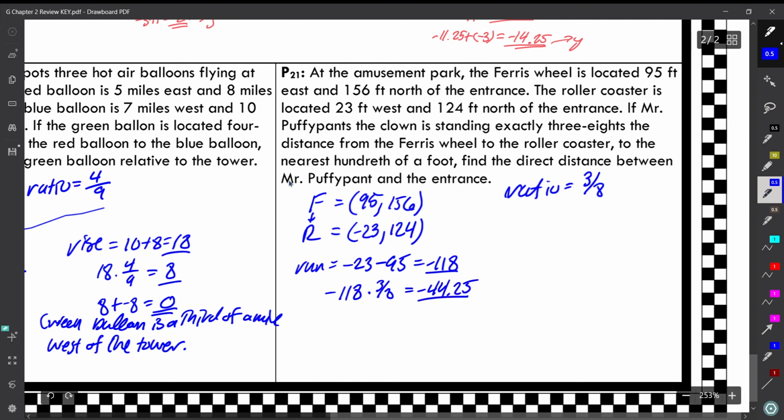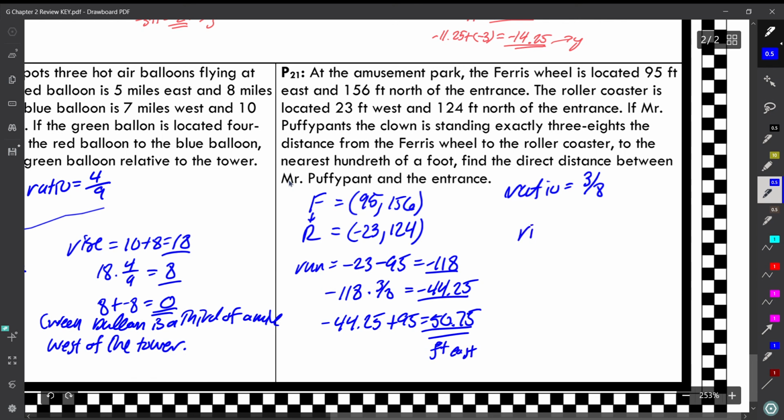Now we take that negative 44.25, add that to the initial x, which is 95, and I get 50.75. That's positive, so it's east. So it's feet east.